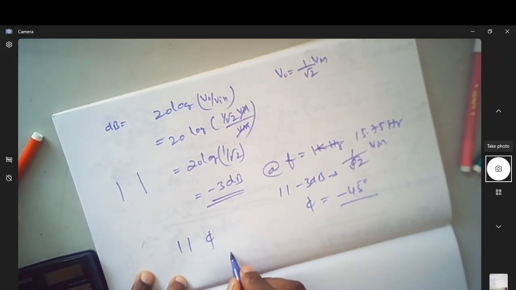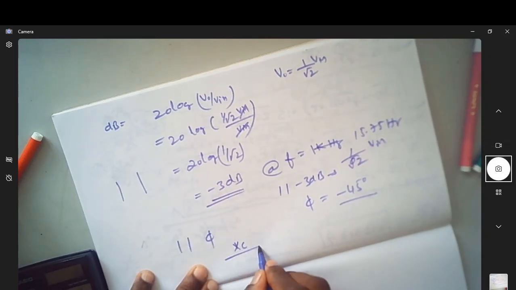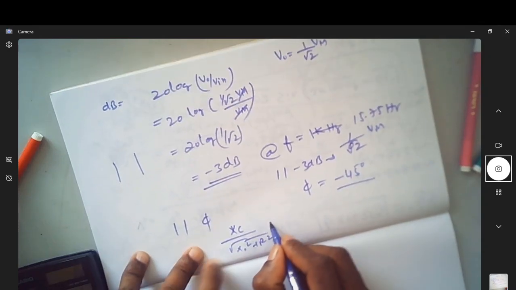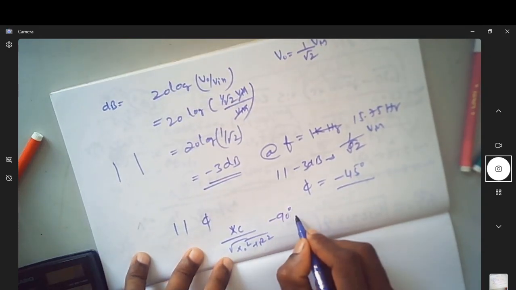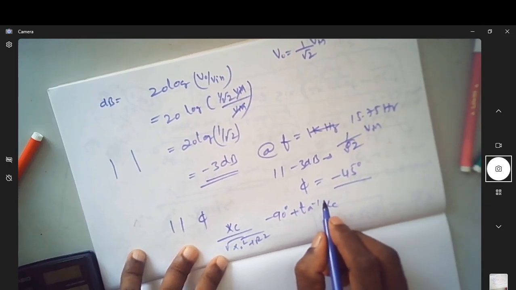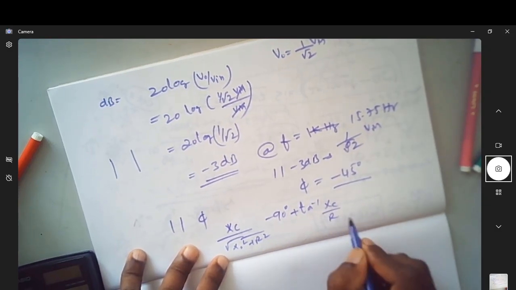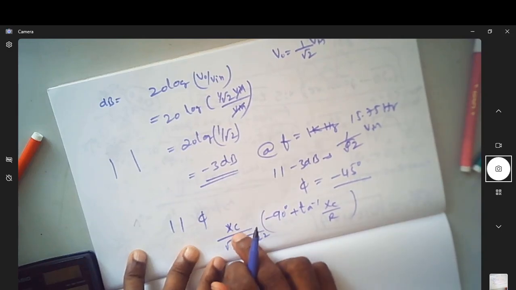So what is the magnitude? In this case it is xc divided by root of xc square plus r square. What is the phase? It's minus 90 degree plus tan inverse of xc by r. So this is the phase part, this is the magnitude part.